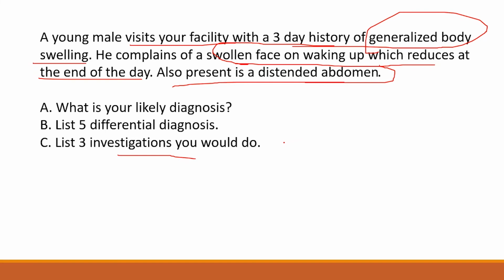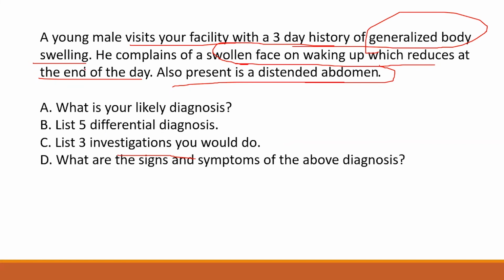So again: urine analysis, 24-hour urine protein, biochemistry, where serum protein, albumin level to be specific, could be low, and cholesterol level could be normal or high. You do an abdominal ultrasound for ascites, BUE creatinine, liver function test, chest X-ray. These are the possible investigations you might want to consider.